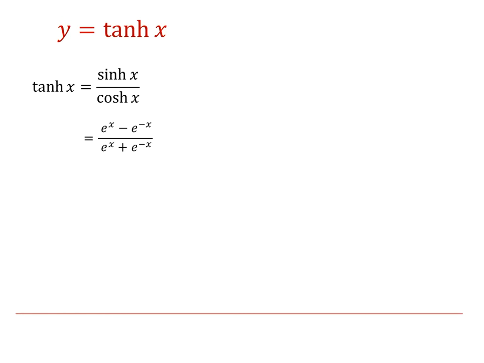This can be rearranged in several different ways, but one way is to divide through the top line by e to the x, so that we get 1 minus e to the minus 2x, and do the same thing on the bottom line, so we get 1 plus e to the minus 2x. So dividing through the top and the bottom line by the same thing, e to the x, gives the following, and that's one alternative version of tanh x.